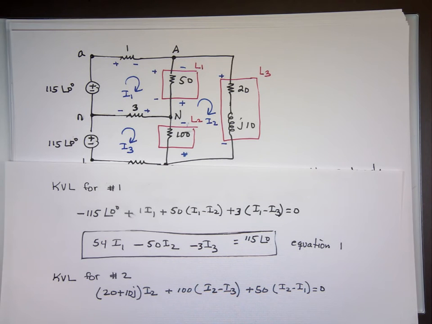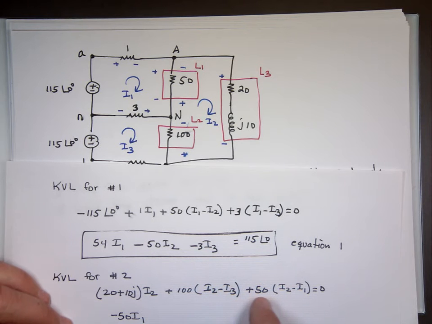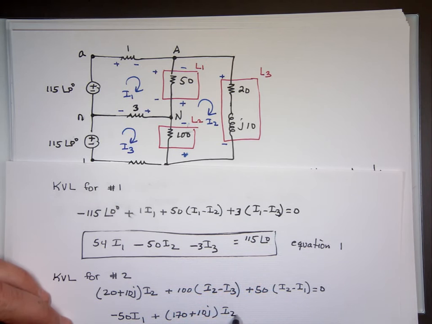And if I clean that one, what do we have? Negative 50 I sub 1. Let's see I sub 2. We got a 50, 150, 170, plus 10J I sub 2, minus 100 I sub 3 is equal to 0.